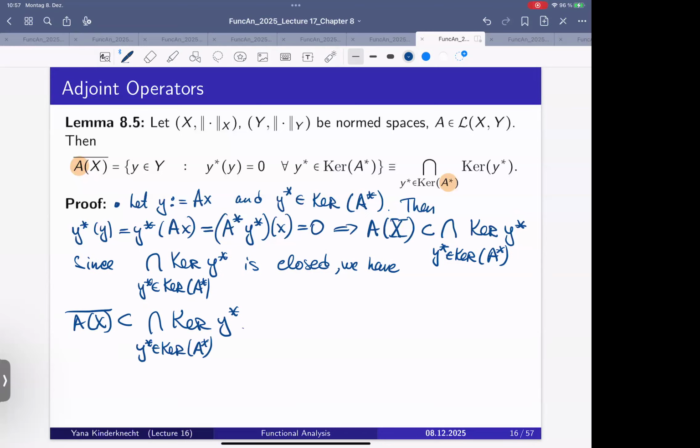So we have shown one inclusion, but we want to show the identity. So the next task will be to show the opposite inclusion.